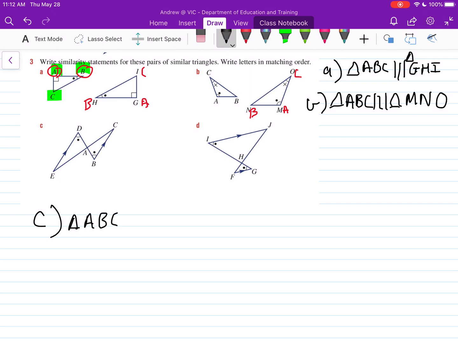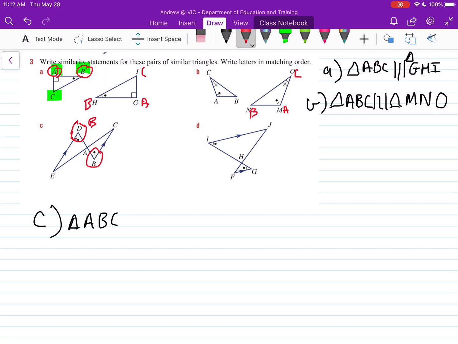So first off, let's try and label some. So this one here, okay, is going to be the same as this. So D corresponds with B here. Okay. Anyway, so that corresponds with that.